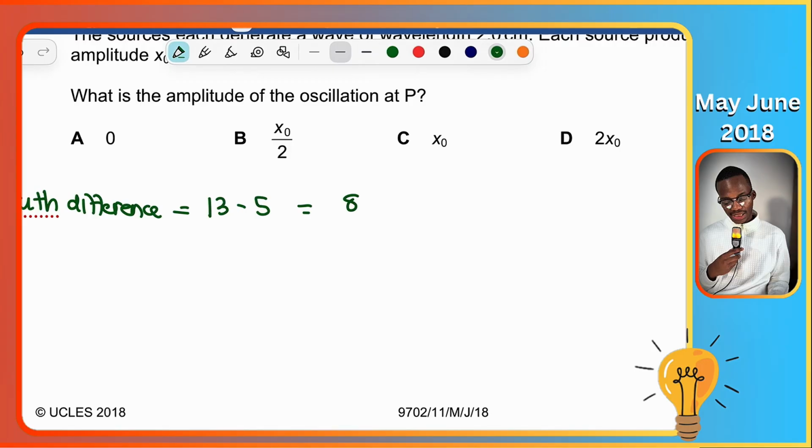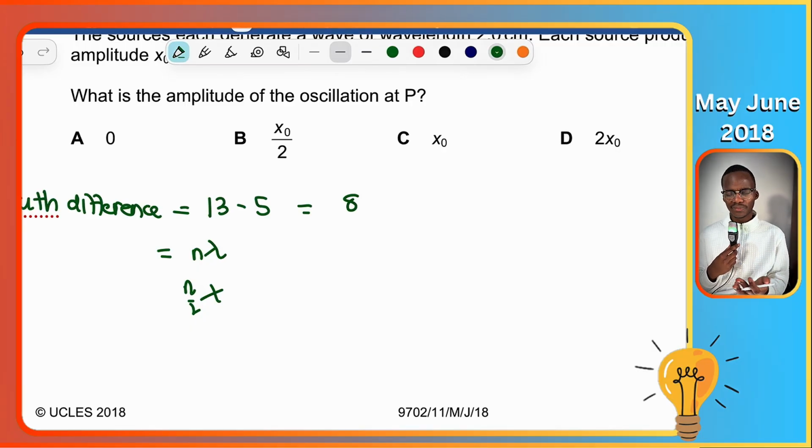If the path difference is n lambda, something you should know, that means the waves arrive in phase. So if it's lambda, 2 lambda, 3 lambda, 4 lambda, they arrive in phase. If it's a fraction, like half lambda, 3 over 2 lambda, then they arrive out of phase.